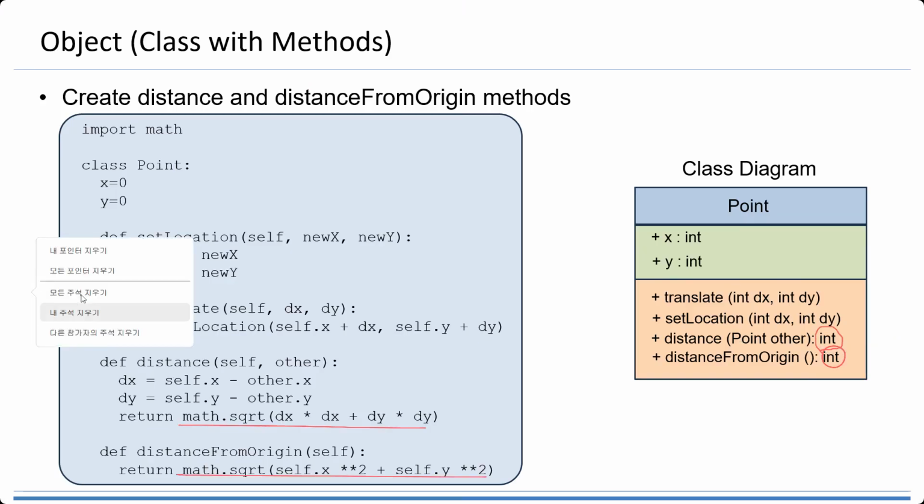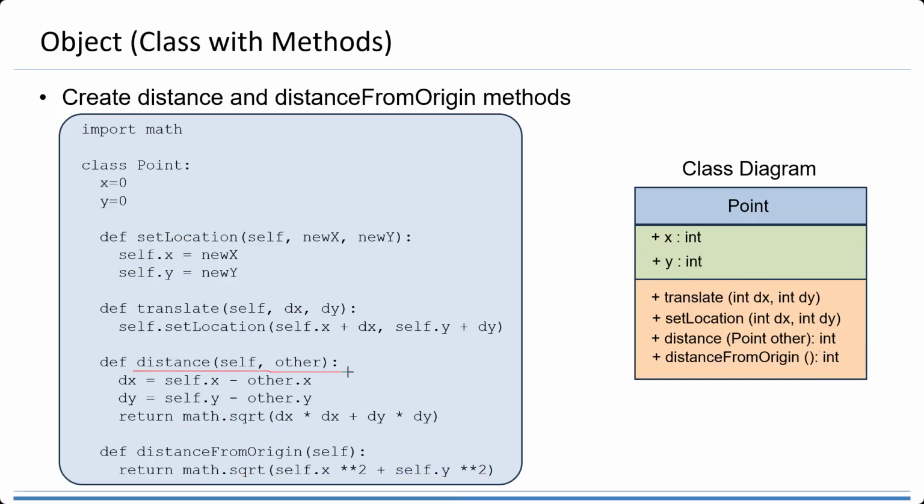Now let's see with the distance method. In the distance method, we have one parameter, which is other, and you have the self parameter. So the self parameter, as I mentioned to you, when you create a class, the function inside the class should have the self parameter. So every function should have the self parameter.